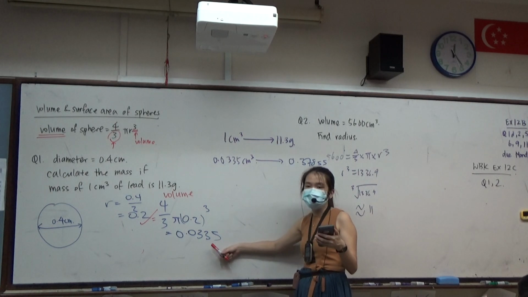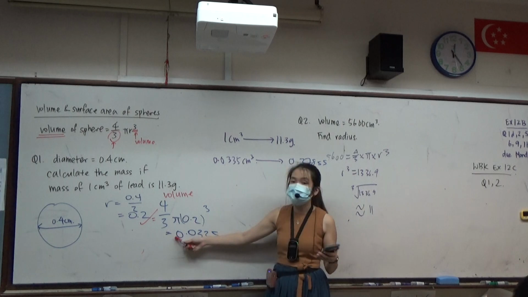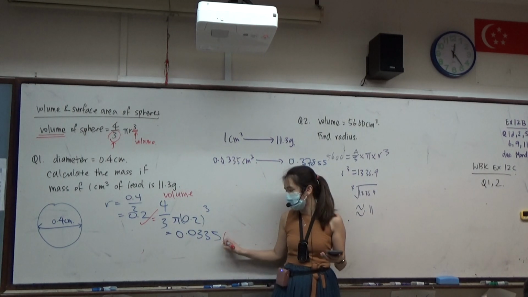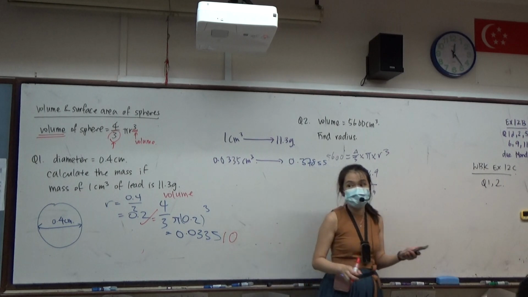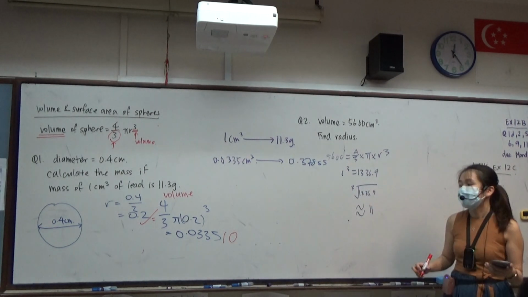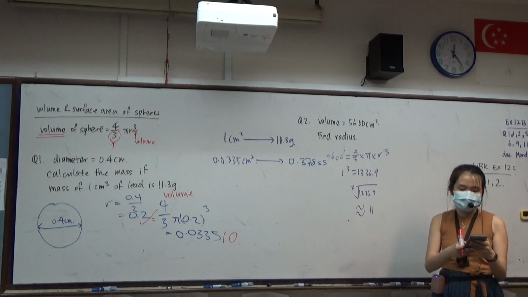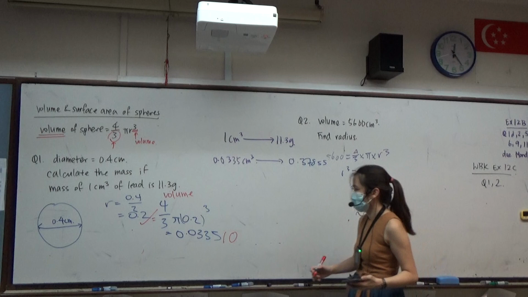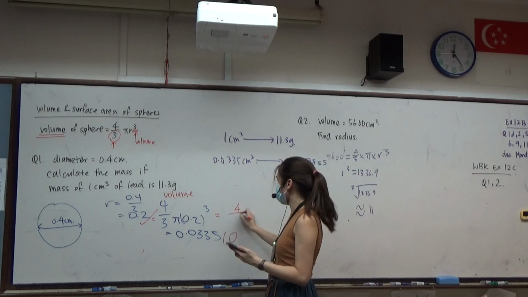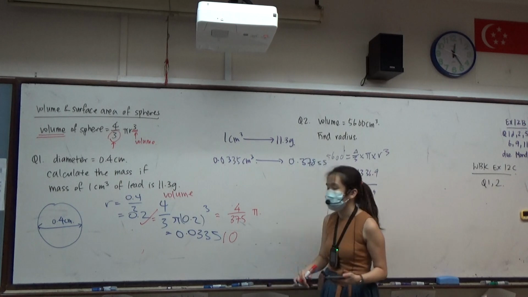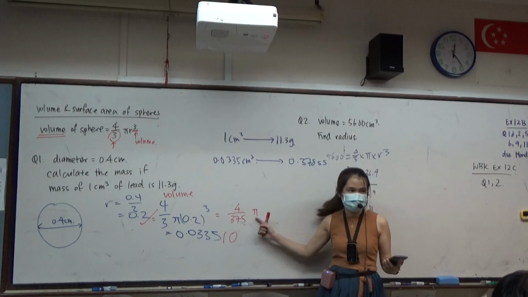This is not truncated to 3 sf. These zeros we don't count. We should take 3, 3, 5, 1, 0 for better accuracy. Otherwise, you can also leave it in terms of pi, which is 4 over 375 pi cm cube. Either one of these will be fine.